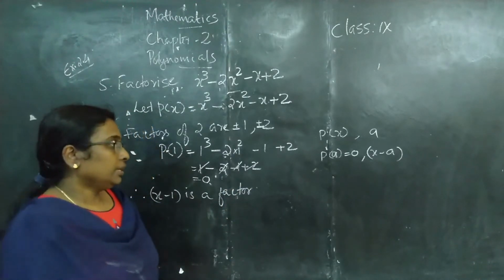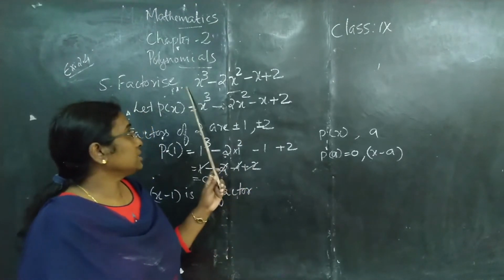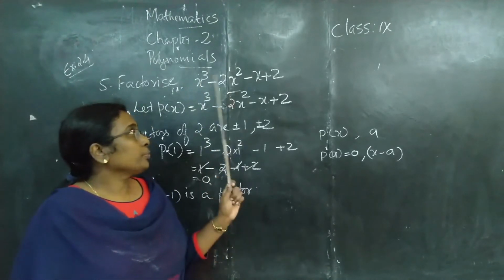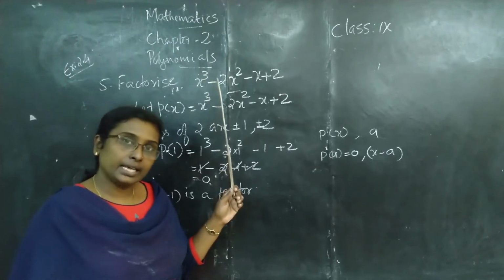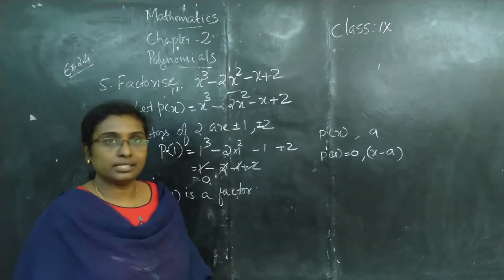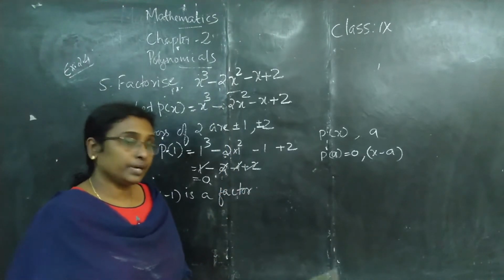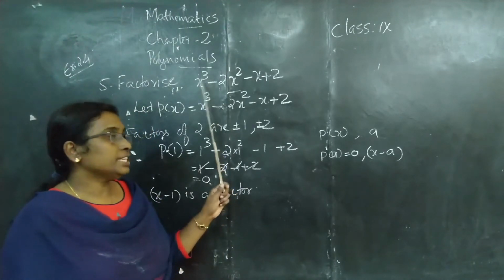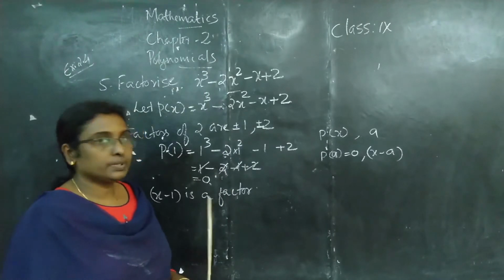Okay. Then we have to find how many factors this cubic polynomial has. Since it is of degree 3, it has 3 factors, isn't it? So we have to find 2 more factors. For that, first we divide this polynomial by x minus 1.